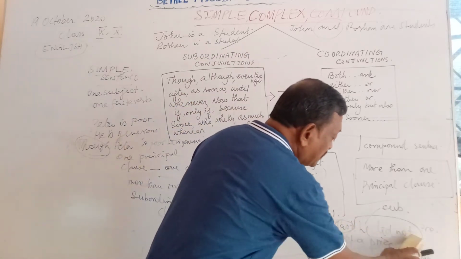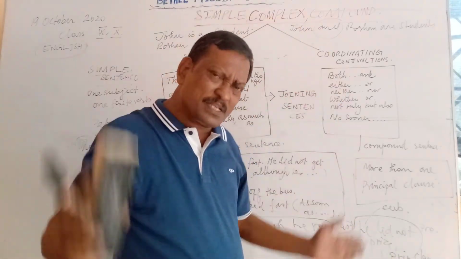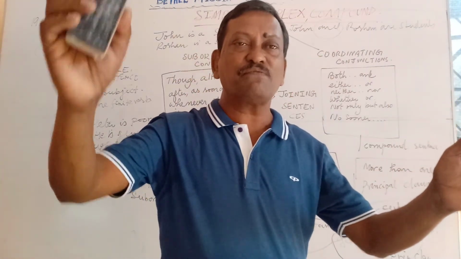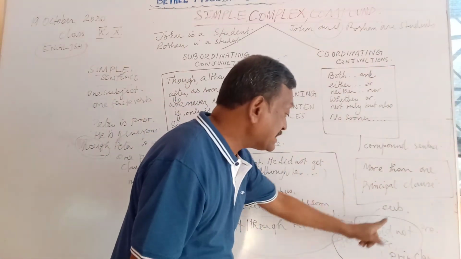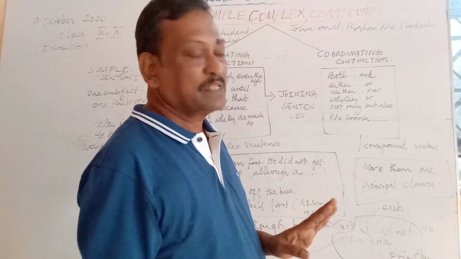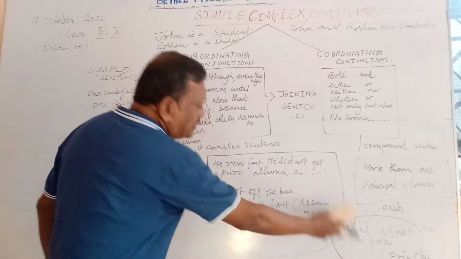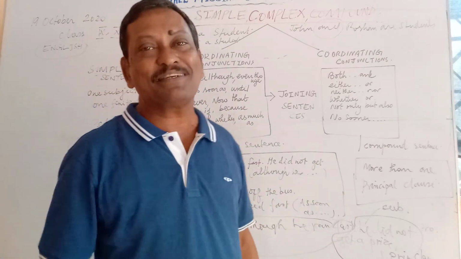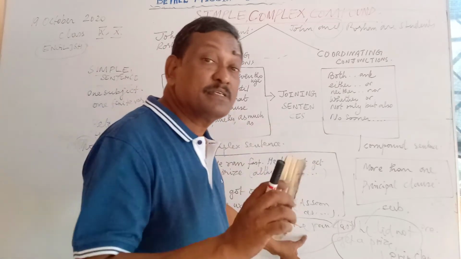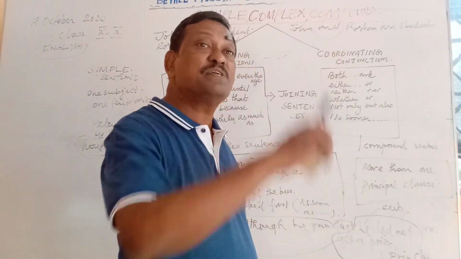So, he did not get a prize. It makes a complete sense. One subject, one finite verb, simple sentence. This is the principal clause. But look at this: although he ran fast, the second part, it does not make a complete sense by itself.